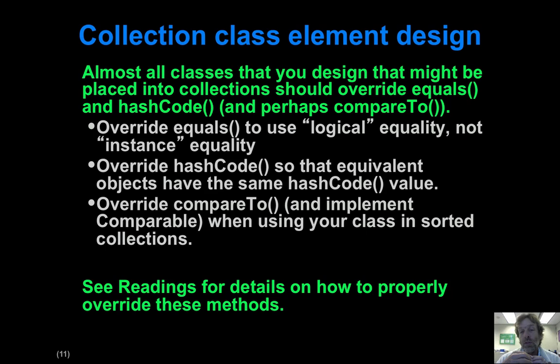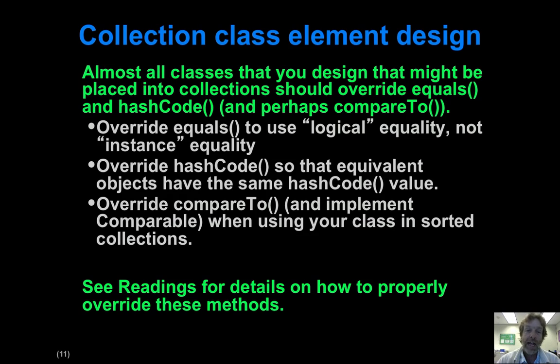This is because equals by default is defined to use instance equality. So are these two objects located in the same place in memory, versus being two objects that are identical in every way, but they might be located in different places.